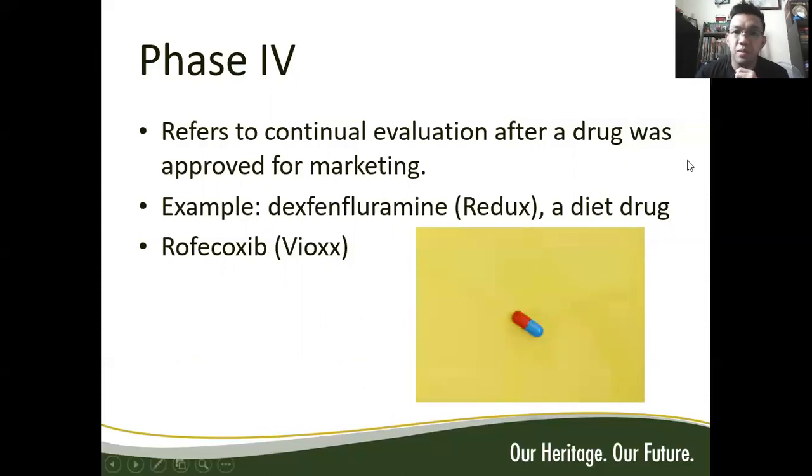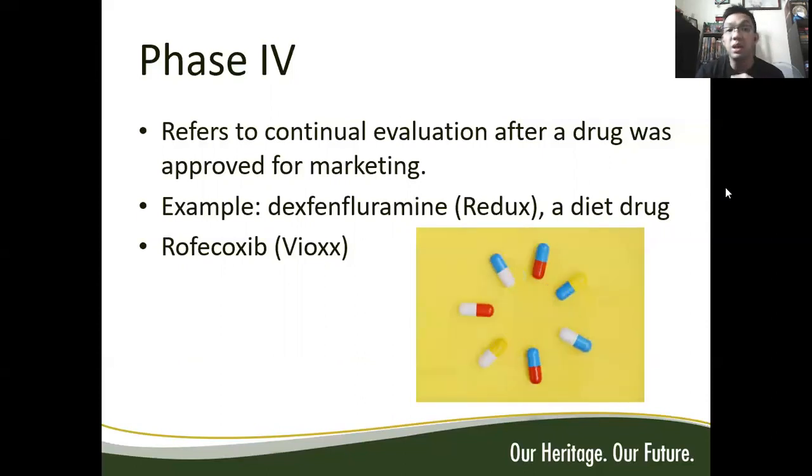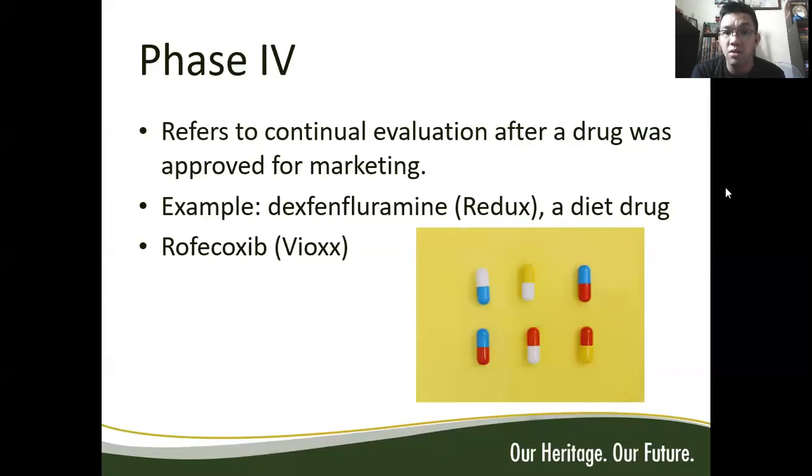So here, during phase 4, once FDA approves the marketing of the drug, it will still be continuously evaluated, if there are any untoward adverse effects that may cause harm to the patient. Examples of this would be dexfenfluramine or Redux, which is a diet drug, or rofecoxib or Vioxx.